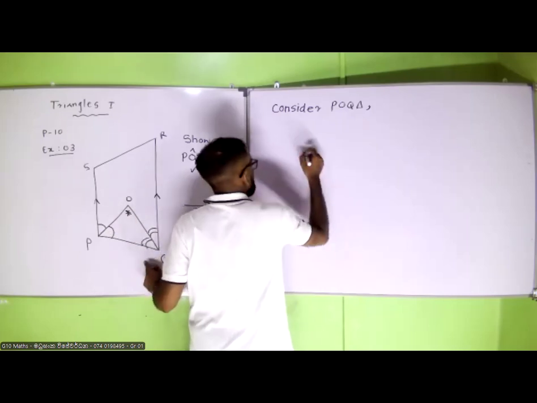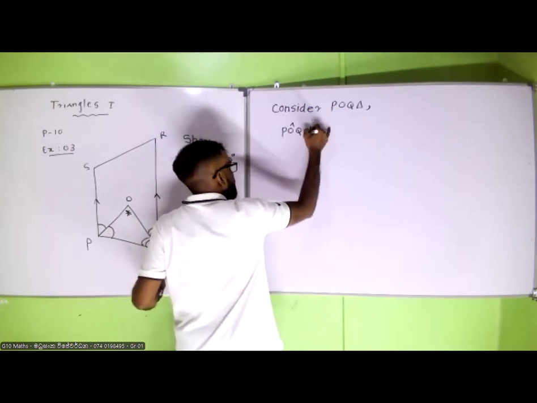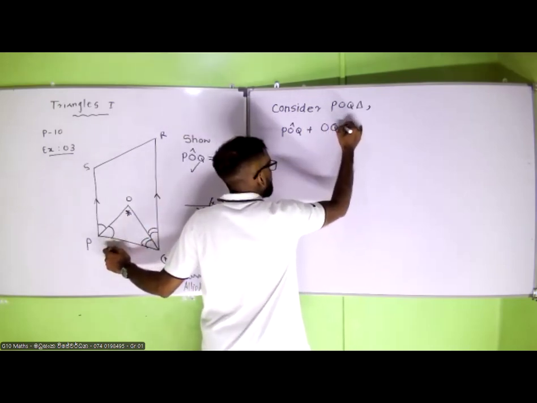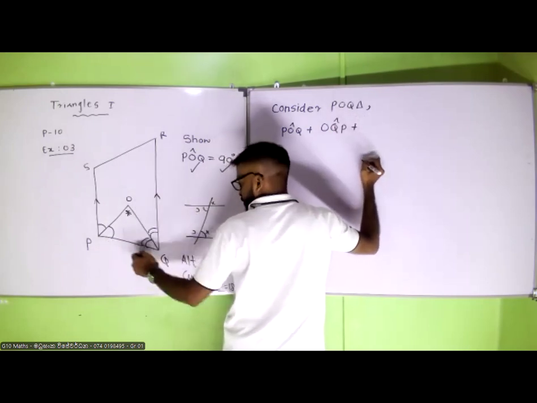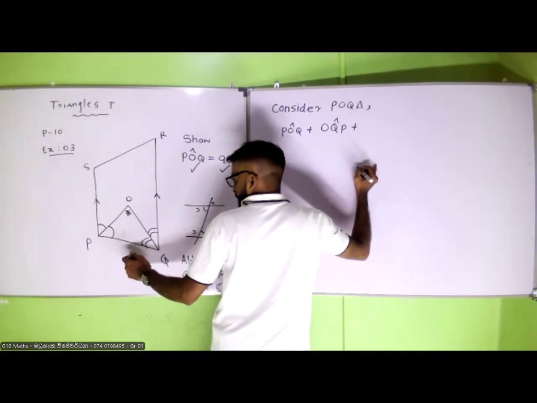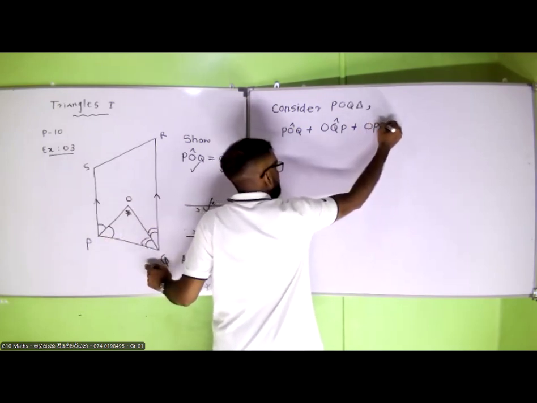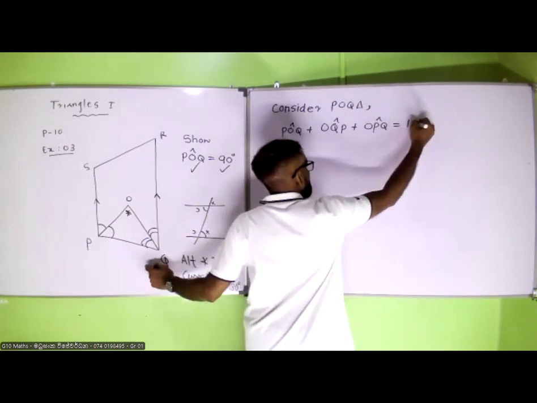Right. So POQ angle plus OQP angle plus OPQ angle, right? Those are three angles inside a triangle equals to 180 degrees.